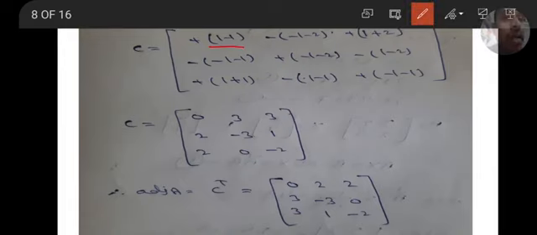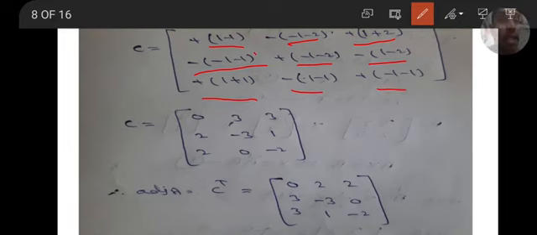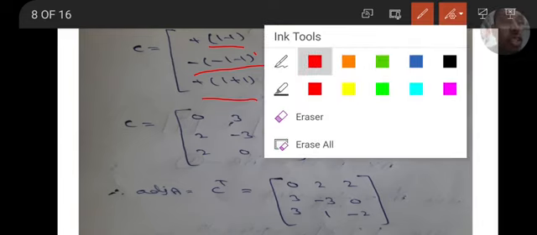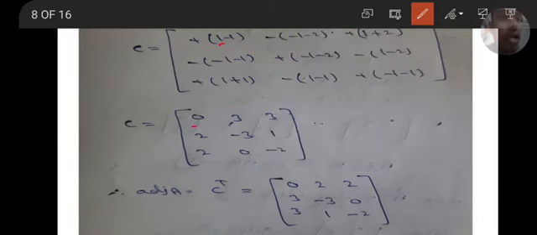Okay, AD minus BC. Then 1 minus 1 is 0. Minus 1 minus 2 means minus 3, minus of minus 3 is plus 3, and 1 plus 2 means 3.